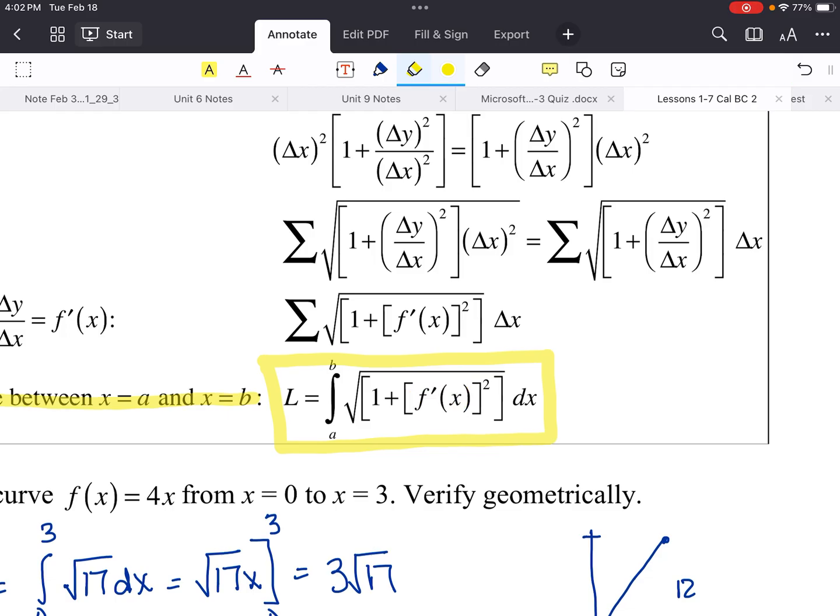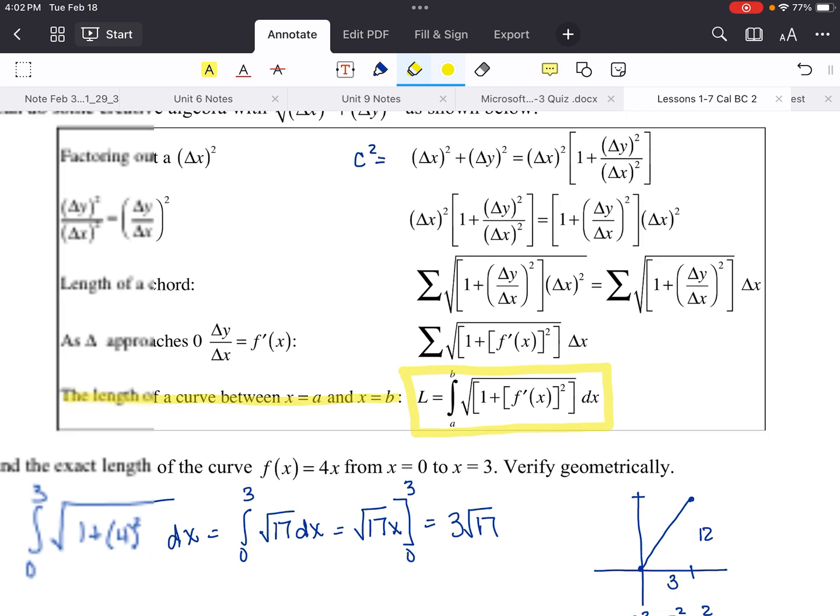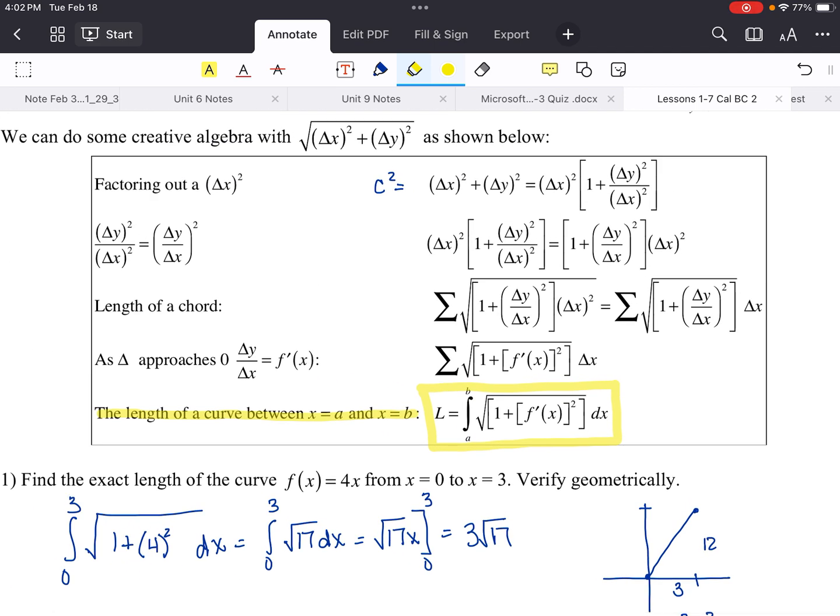That formula is never going to change, and the reason it's never going to change is I didn't just assume that that function was any particular function. I didn't work this out assuming that the function was x squared, because if I did, it would only work for x squared. I didn't work it out using any particular f of x equation.